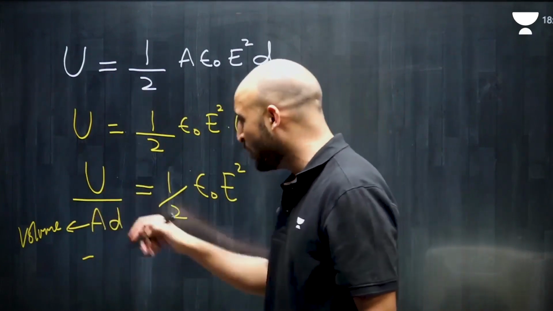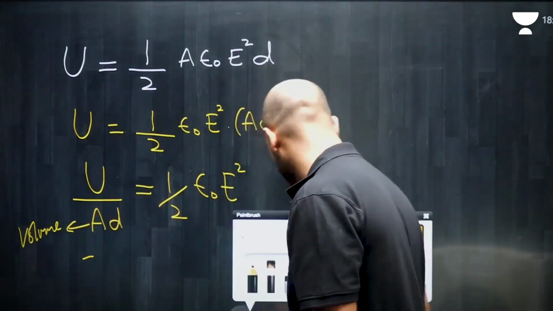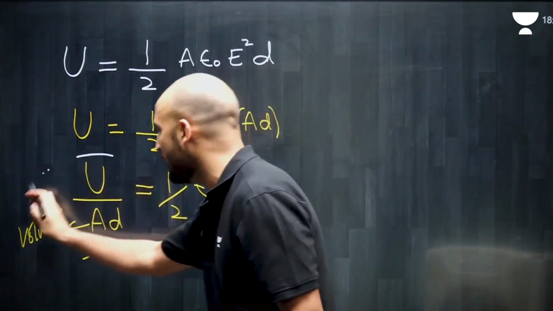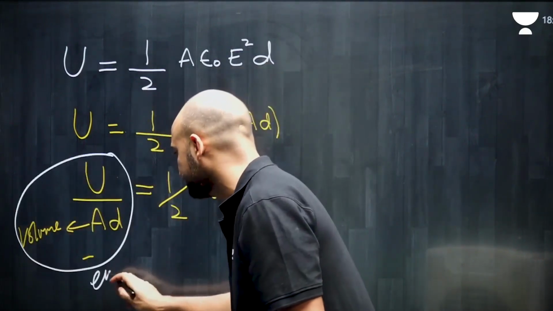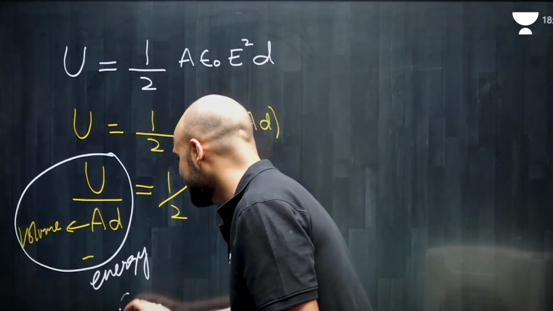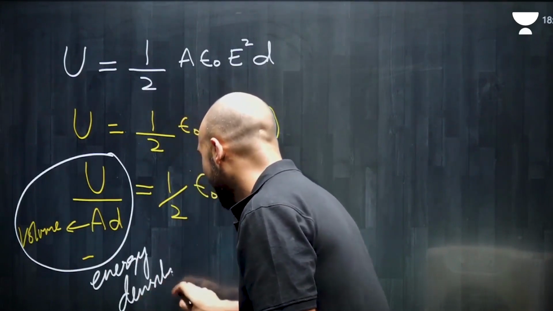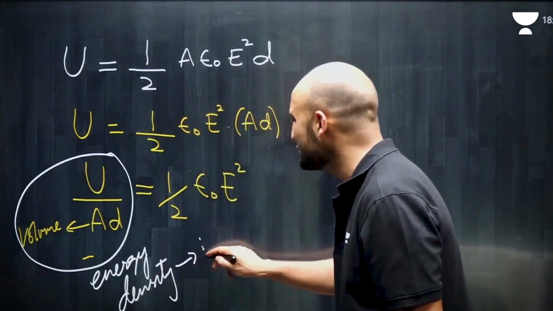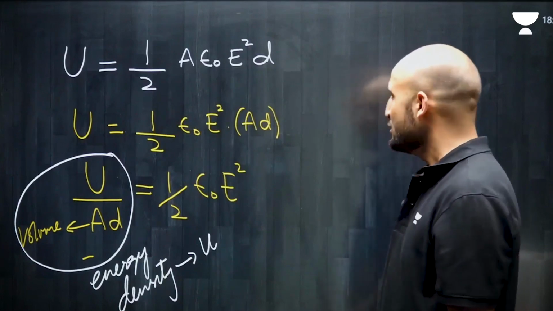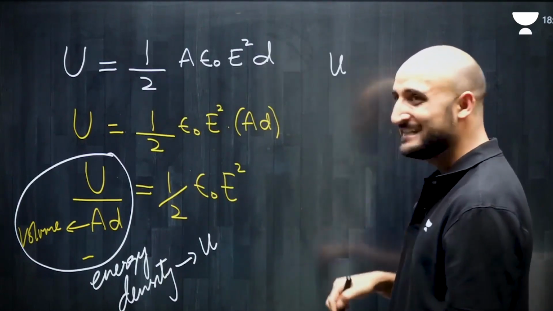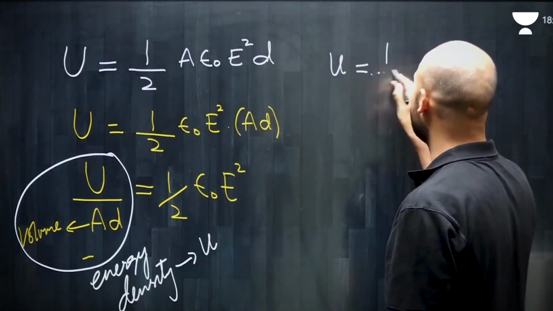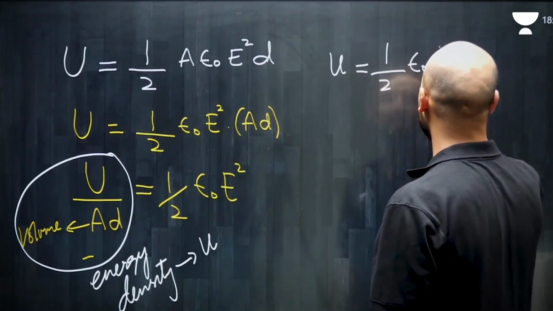So I call this the energy density of the capacitor, and let me represent it by small u.